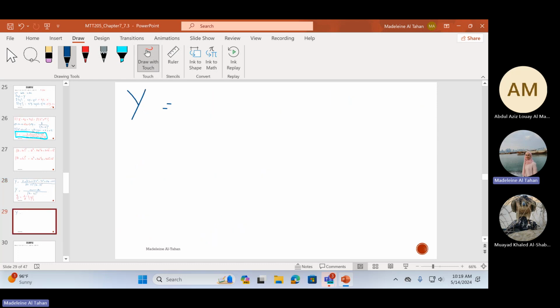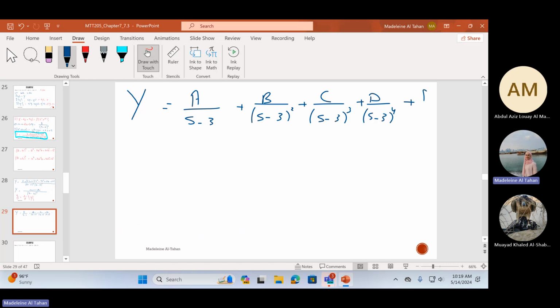How can we apply partial fraction? A1 over s minus 3, right? We wrote the formula. Plus A2, or if you want to write it A, B, C, A plus B over (s minus 3) squared plus C over (s minus 3) cubed plus D over (s minus 3) to the 4 plus E over (s minus 3) to the power 5.